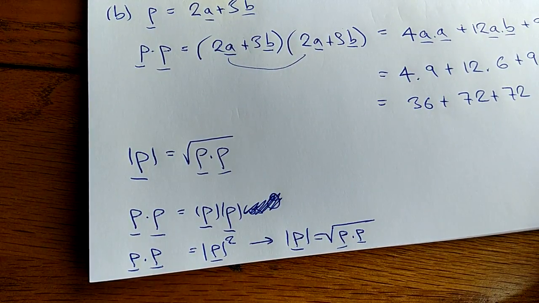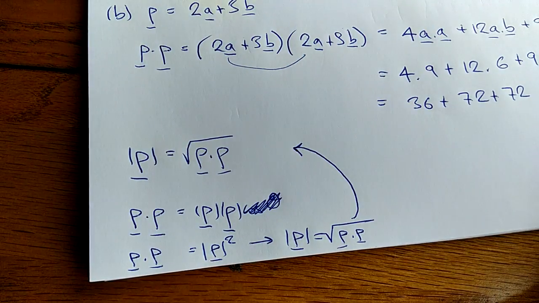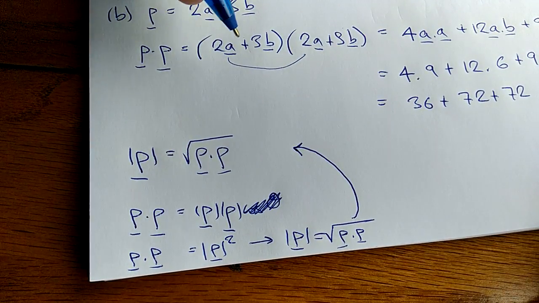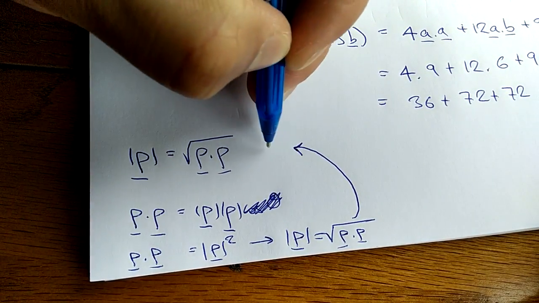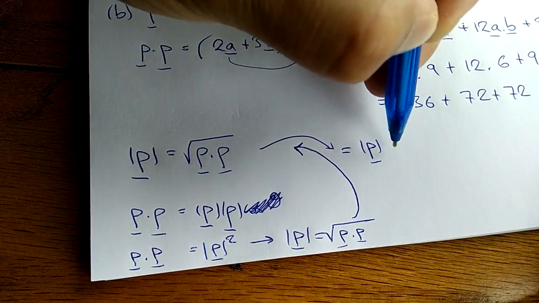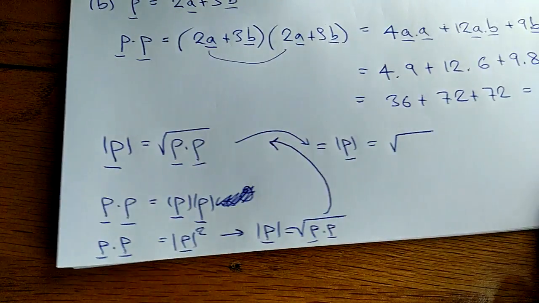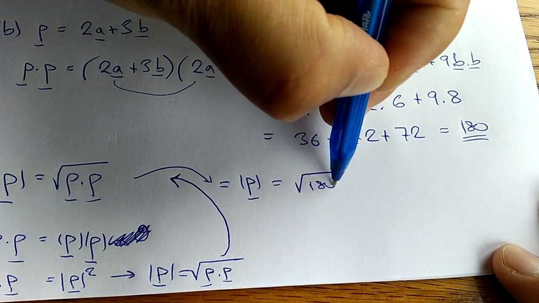So a little bit unusual, but I guess it's a test for the slightly more gifted students, or anybody who's watched this video. So, using that principle, the magnitude of p is going to be root p dot p, and p dot p was 180, so it's just root 180.